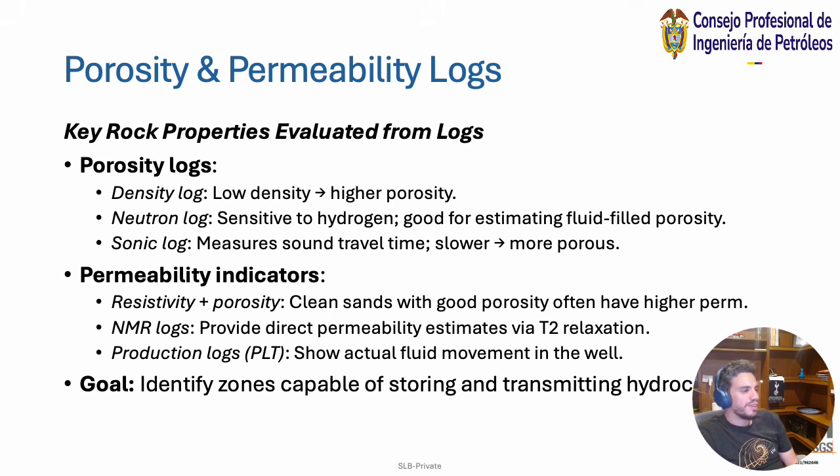The density log, obviously, the lower the density, the higher the porosity. And the neutron log is sensitive to hydrogen, and that's due to the size of the hydrogen atom. And that kind of tells us, right, because what has hydrogen? Well, water and hydrocarbons do.